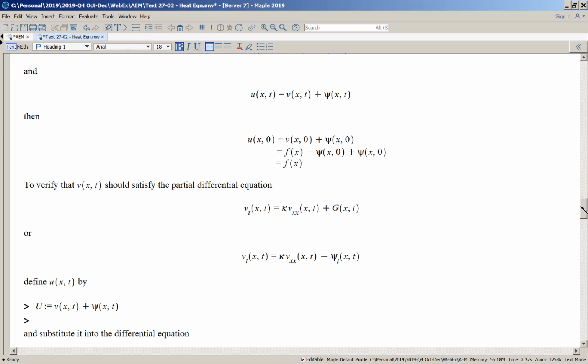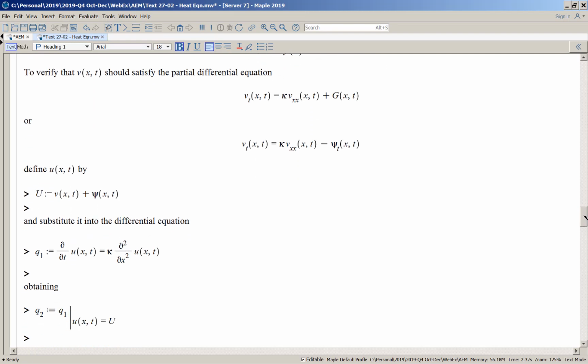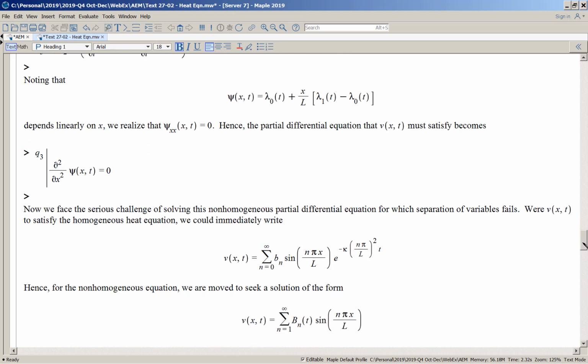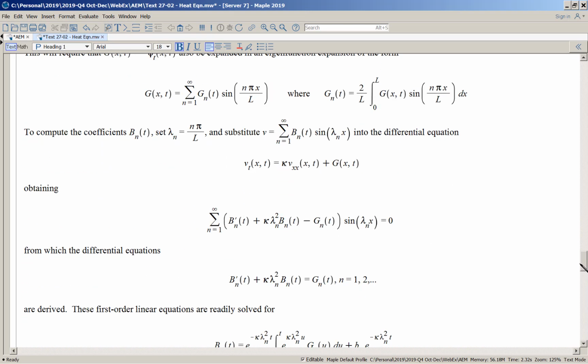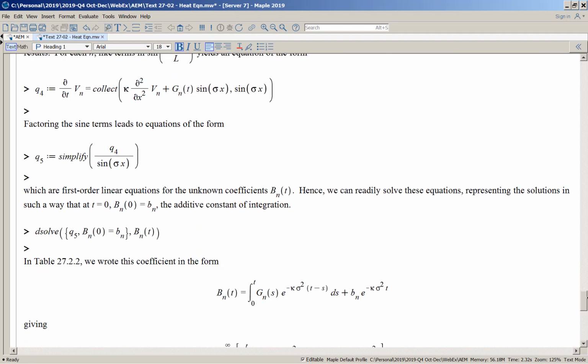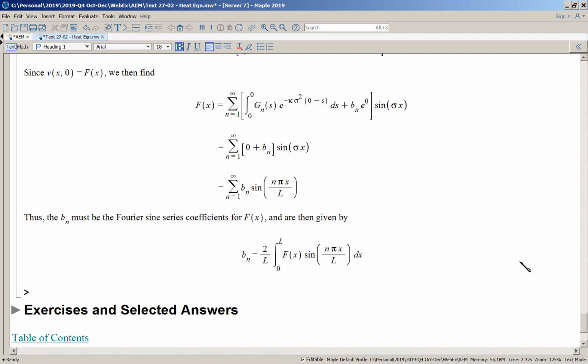So the derivation of this process of splitting the solution, shifting the non-homogeneity, and then obtaining a solution, it's all worked out here, the way it would be in a textbook, except where there is a need for some computation. The computations are embedded in the worksheet. So this looks more like it did in the worksheet. I just kept it together when I streamlined the computations so that they wouldn't take an inordinate amount of time for us to go through.